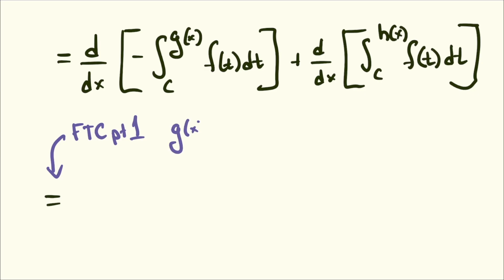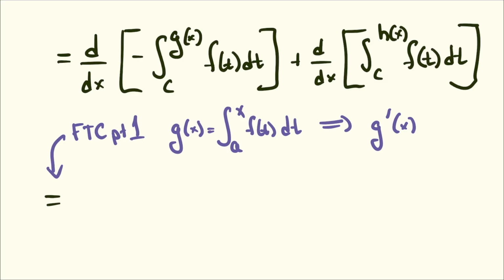So if we have a function equal to the integral from a to x of f of t dt, then FTC part 1 says we take the derivative of that function. We're just going to plug in that upper bound, that x value in there, and we're going to be done for the day. In this case, you'll notice our upper bound is g of x. It's not just a simple x. So we are going to have to use the chain rule and multiply by g prime of x.